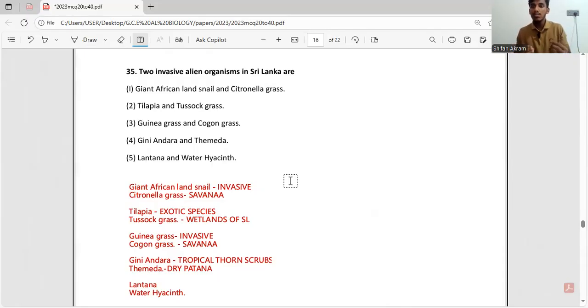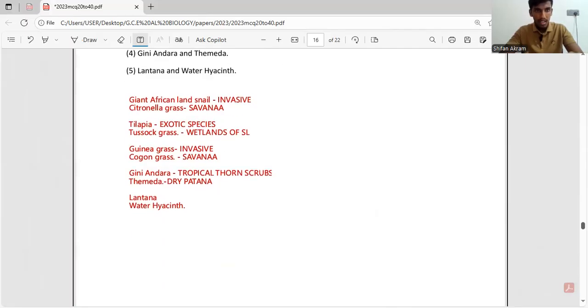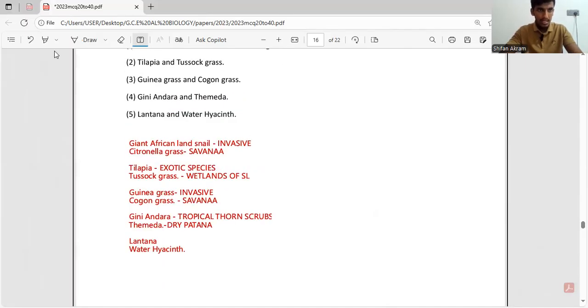The organisms inside the water cannot do photosynthesis, right? For this reason, they are invasive alien organisms. Again, lantana is a very beautiful flower, but again harmful to the other plants surrounding them. So both of them are invasive plants. Now, the fifth one is the correct answer.